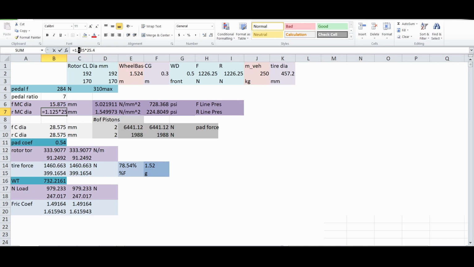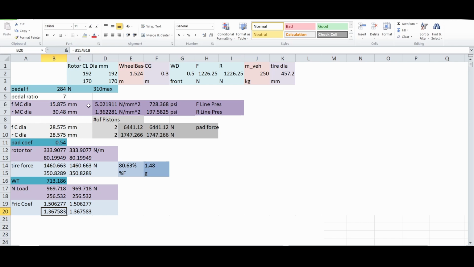You can make the front master cylinder bigger, because that's going to give you less line pressure. Remember, it's pounds coming from the pedal force and ratio divided by this area, gives you pounds per square inch, or whatever units you're using, PSI in this case. So we made this bigger, which reduces the line pressure, which then reduces the rear rotor torque, and we can check our coefficient of friction.